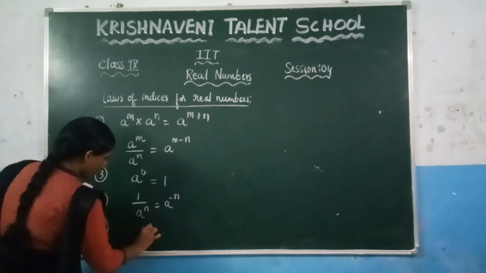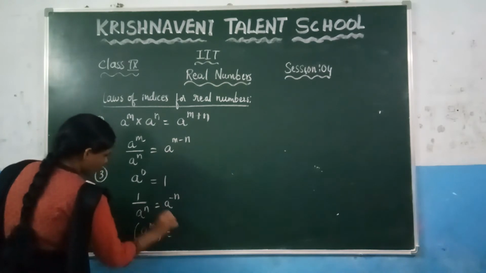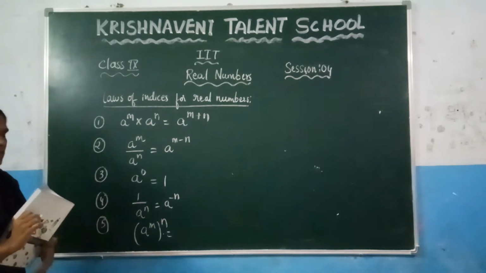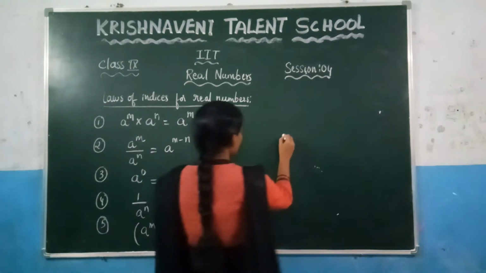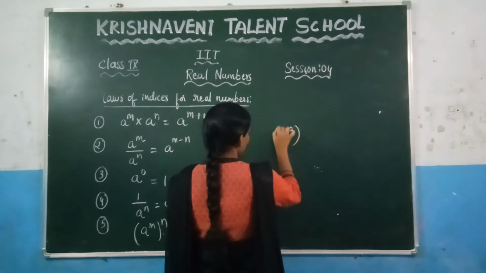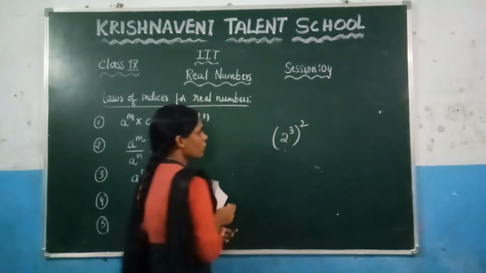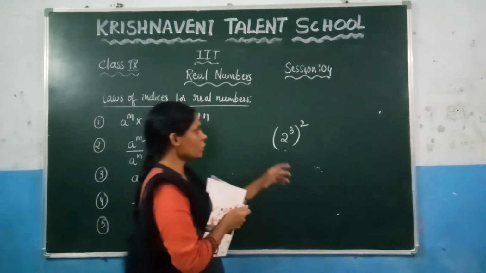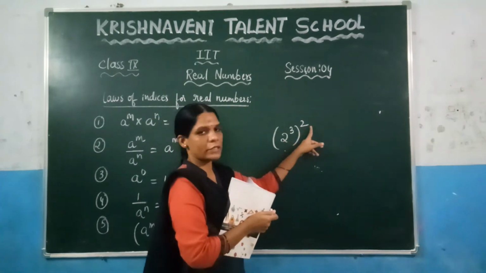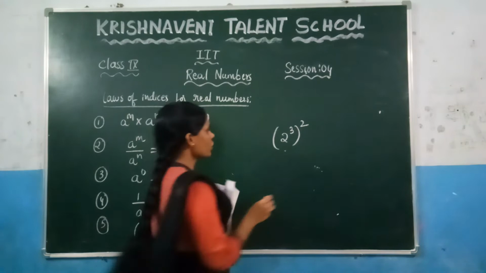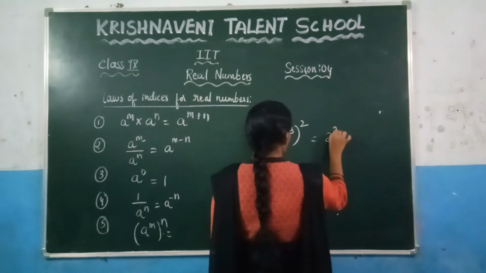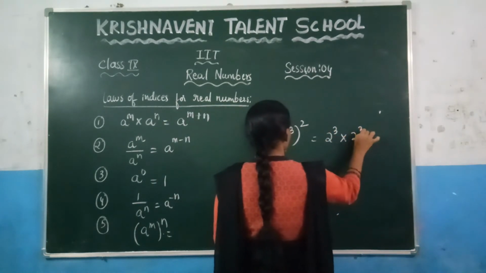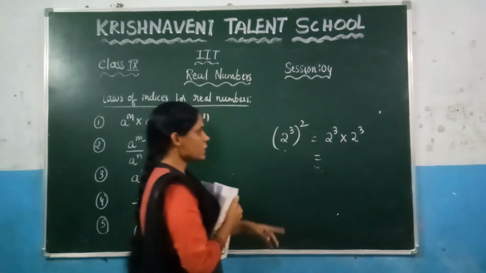A power m whole power n. This one. So how do you solve this one? Here you can observe that if you take the value 2 cube whole square, what we need to do here is multiply this 2 cube 2 times, since here the power is 2. So this one you can write as 2 cube into 2 cube. Again it is in the form of what?